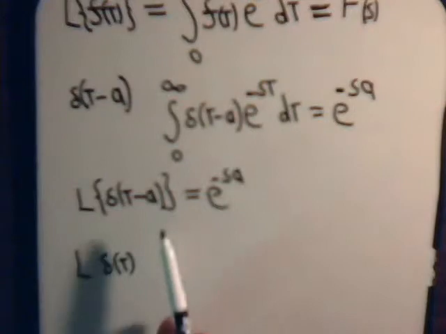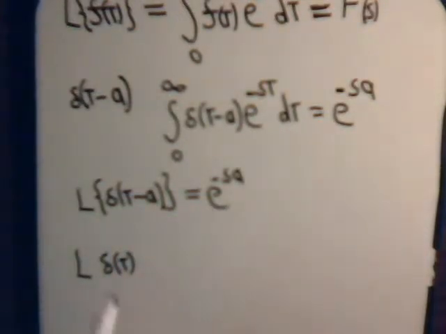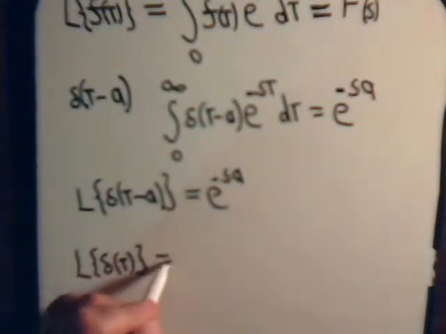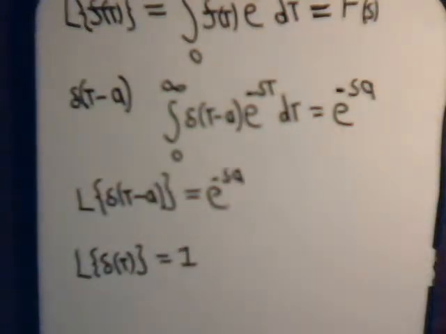Then a is 0, so we'd have e to the 0, which is 1. So the Laplace transform of the Dirac delta function, without it being shifted, is simply 1.